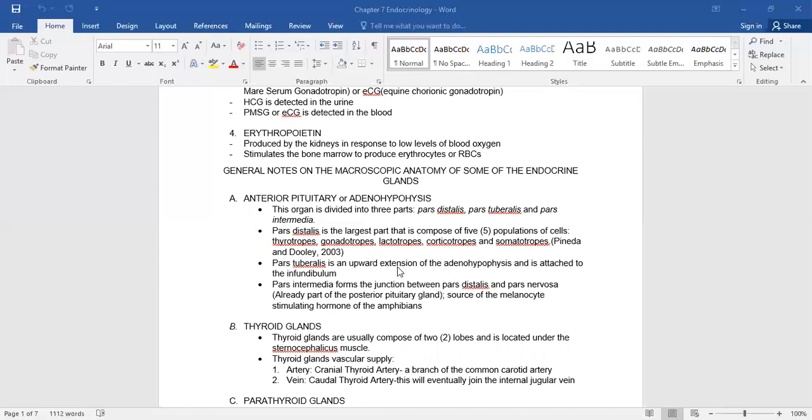Pars tuberalis is the upward extension of the adenohypophysis attached to the infundibulum, which is part of the brain. And pars intermedia forms the junction between pars distalis and pars nervosa, which is the source of melanocyte-stimulating hormone for your amphibians.